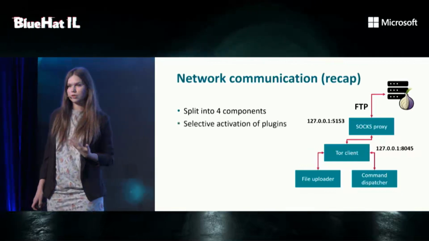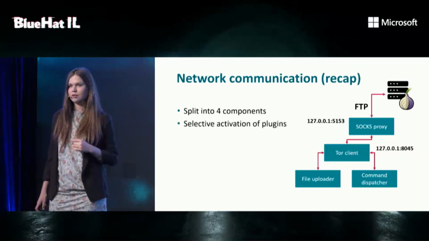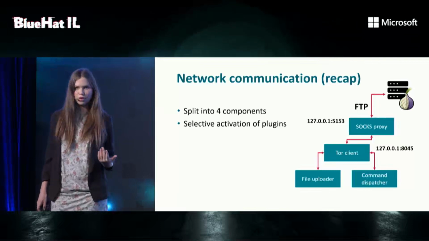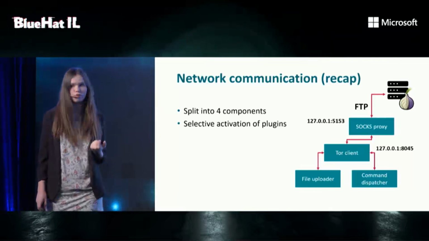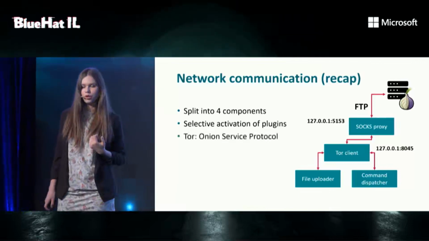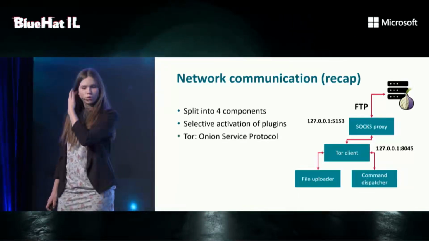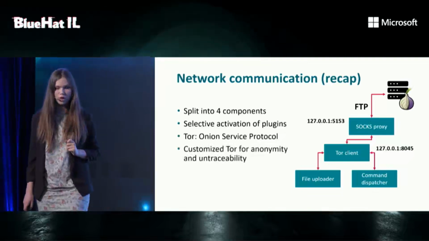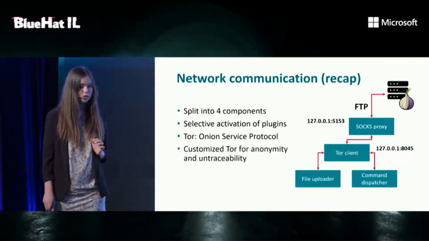I also already mentioned that these plugins only get activated in applications where they're able to hide the malicious traffic within a regular stream of network traffic. And also, the server uses the Tor onion service protocol, and it uses a customized Tor for anonymity and untraceability.